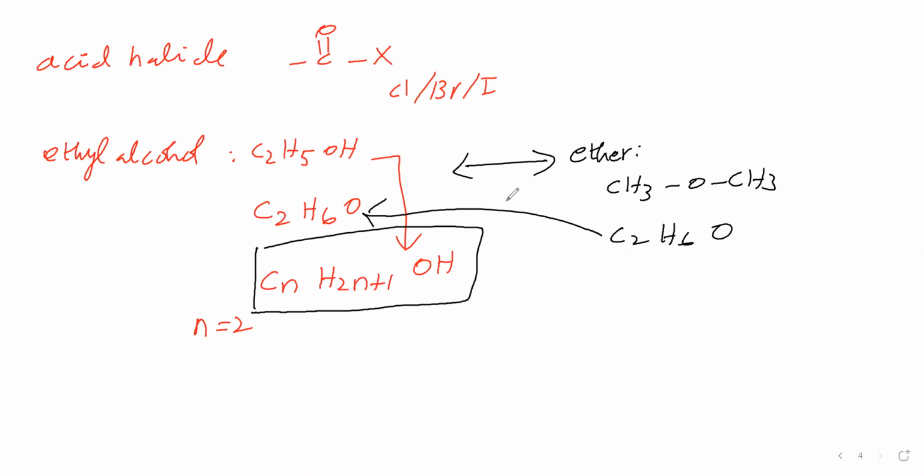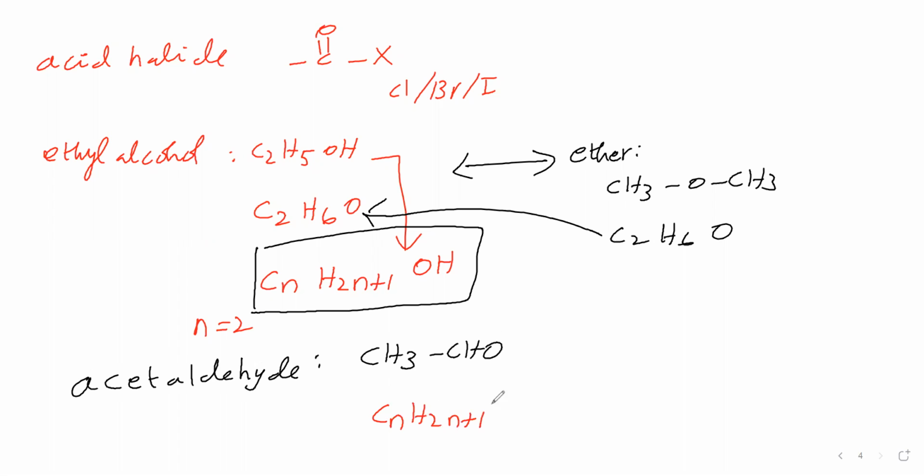Then we will take aldehyde. For example, we know acetaldehyde. The acetaldehyde formula we know is CH3CHO. This acetaldehyde we can write as CnH2n+1CHO. Put n equal to 1, you get CH3CHO.